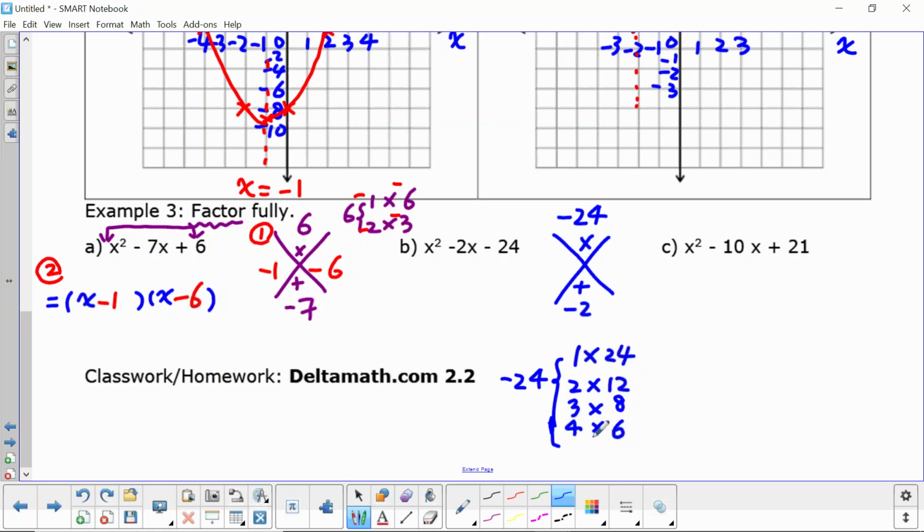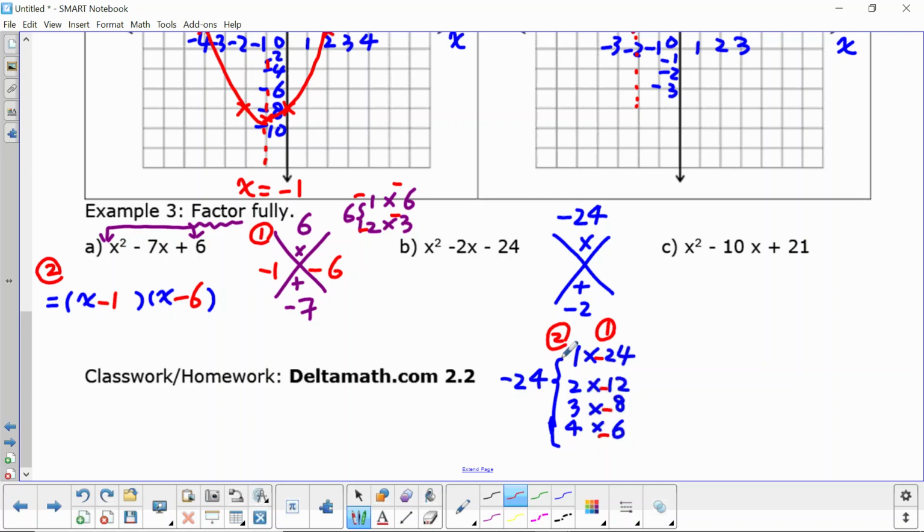Repeat, so we stop. Then after that, the sum is negative, so the larger number needs to be the same sign as the sum. So it will be negative. And the product: the smaller number's sign comes from the product. So the product is negative.